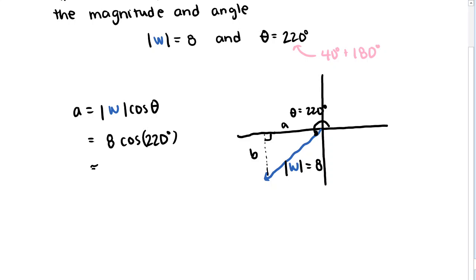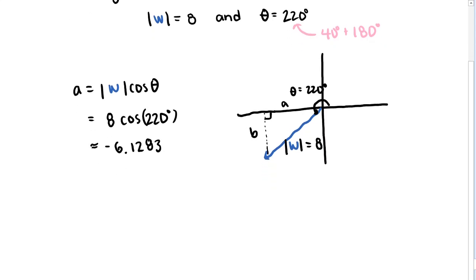And so here this is approximately, if we take 8 times cosine of 220 degrees, make sure your calculator is in degrees mode, we get approximately negative 6.1283. And then b here, right, so sine is the ratio b over the hypotenuse, the length of our vector.